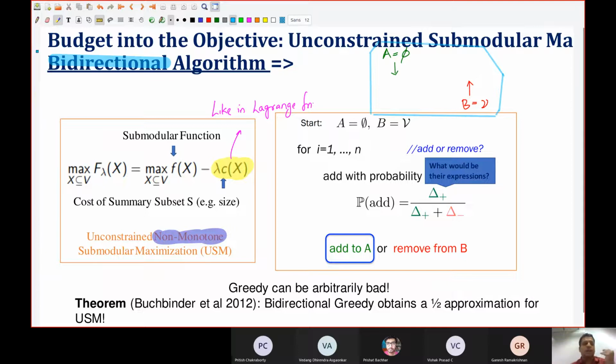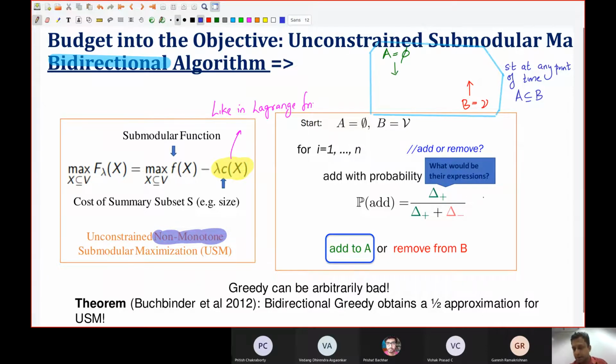The idea is also to make sure that at any point we maintain that A is always a subset of B. The goal is to convert it until A becomes the same as B, or find the best of A and B. Instead of just deciding to add to A, I would, with some probability, add to A, and with 1 minus that probability, remove from B.